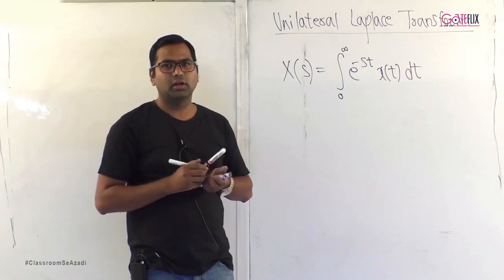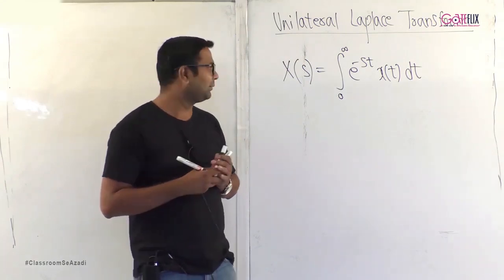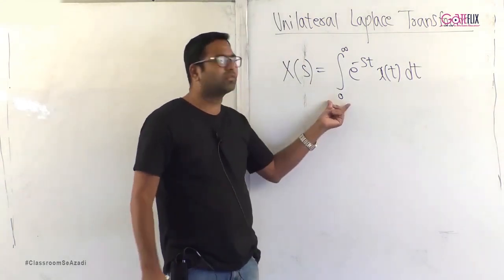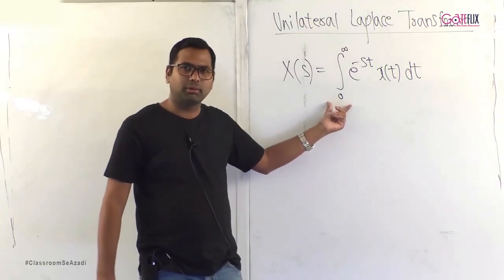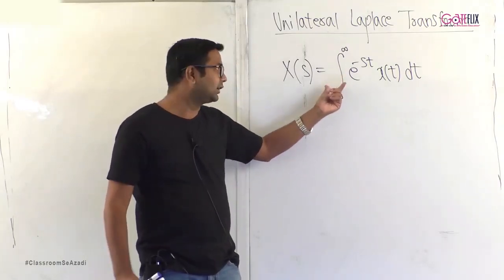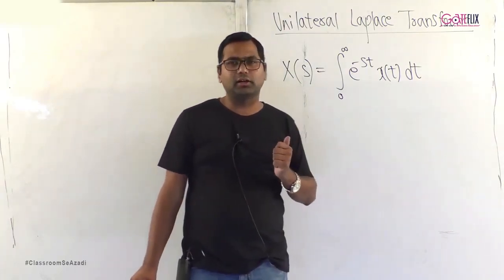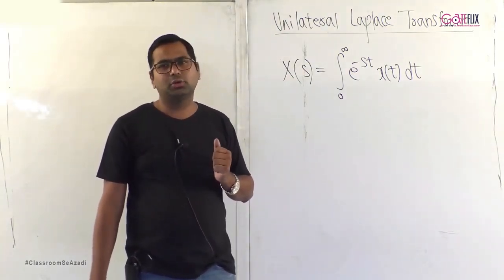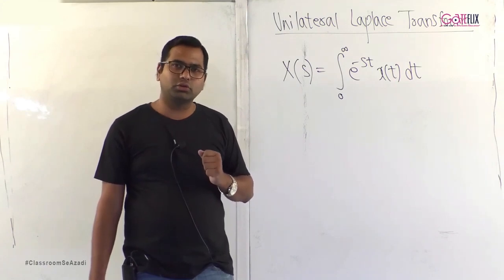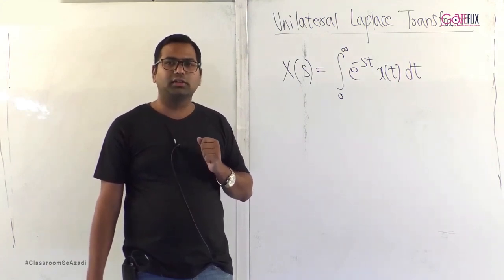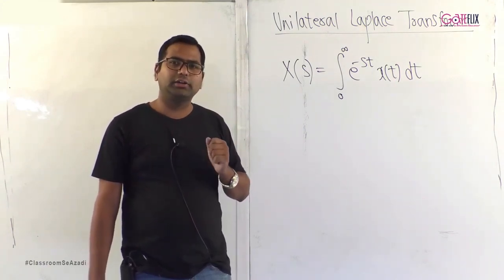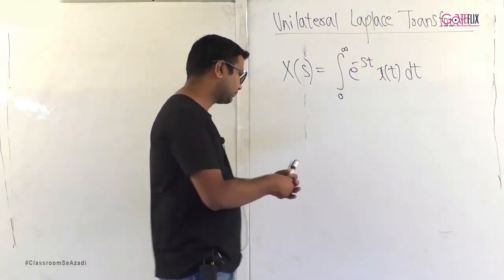Therefore, the only difference between unilateral Laplace and bilateral Laplace is the limits of the integration. Please remember, in bilateral, the integration is from minus infinity to infinity, whereas in unilateral, the integration is only from 0 to infinity. We will solve some questions in order to understand the difference between bilateral and unilateral Laplace transform.